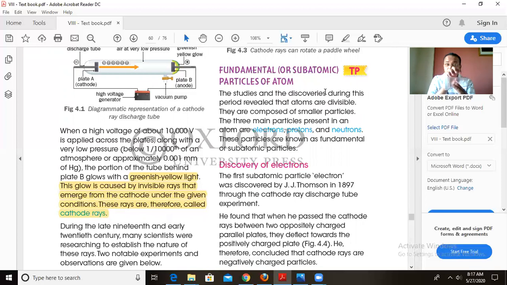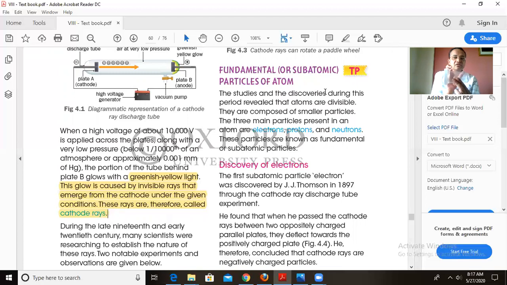A voltage of around 1000 volts and minimum pressure. The glow behind the anode, caused by the invisible rays traveling from the cathode, is called cathode rays. They were not seen in this distance.